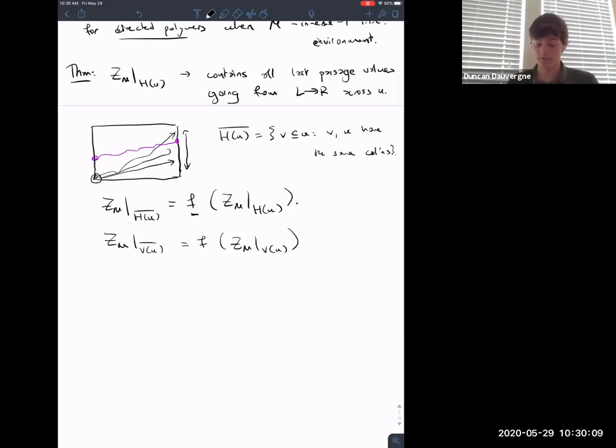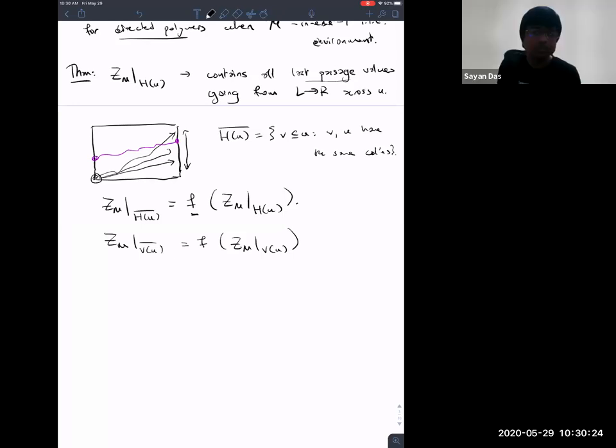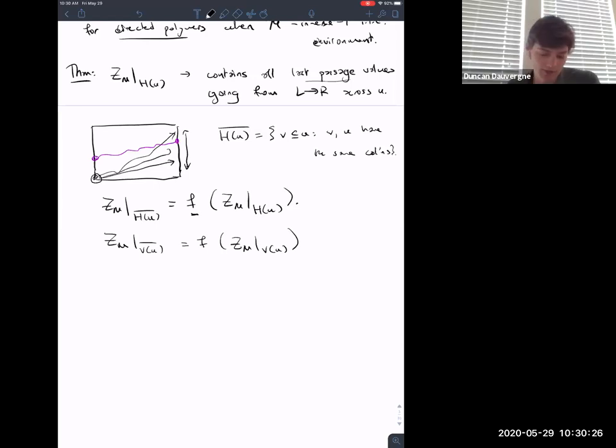And so this is true for RSK with last passage values. It's also true for geometric RSK with last passage values replaced by partition functions. Okay, so this theorem, you can actually deduce from properties of the Schutzenberger involution.